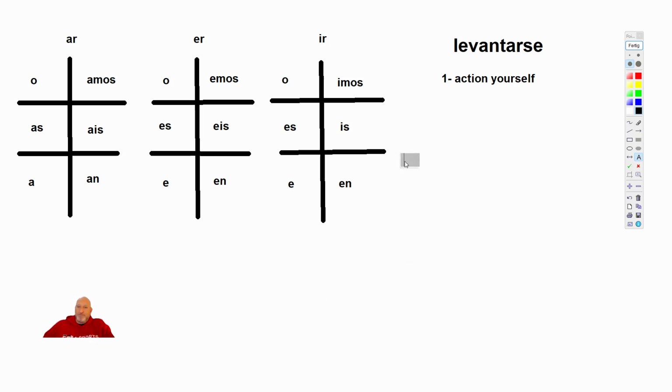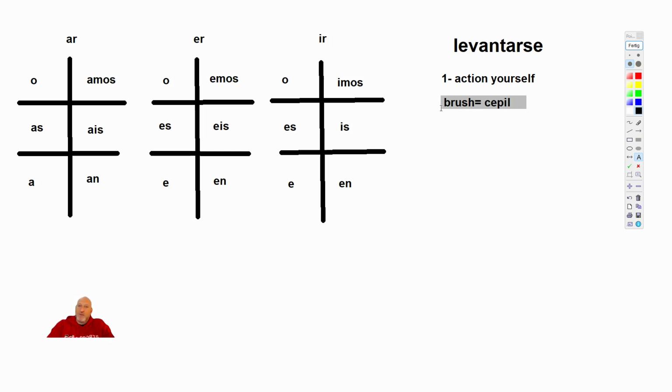If I brush my shoes, to brush is cepillar. But what if I brush my teeth? That is now cepillarse.